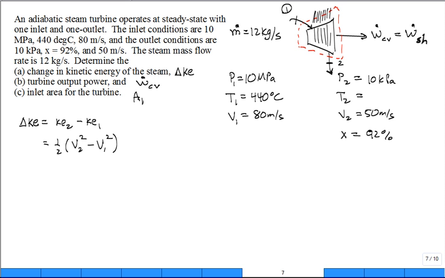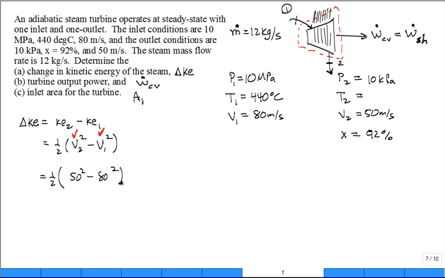I sometimes will do this. I'll say, oh, you know what? V1, I know. V2, I know it. I'm ready to substitute numbers. I have an equation with symbols. I substitute numbers. V2 is 50 squared. V1 is 80 squared. That seems weird that it's coming out slower.